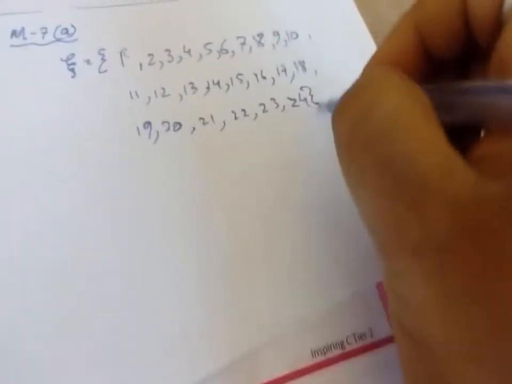It is given here less than 25. That means we cannot write 25 here. We will go up to 24 and stop.